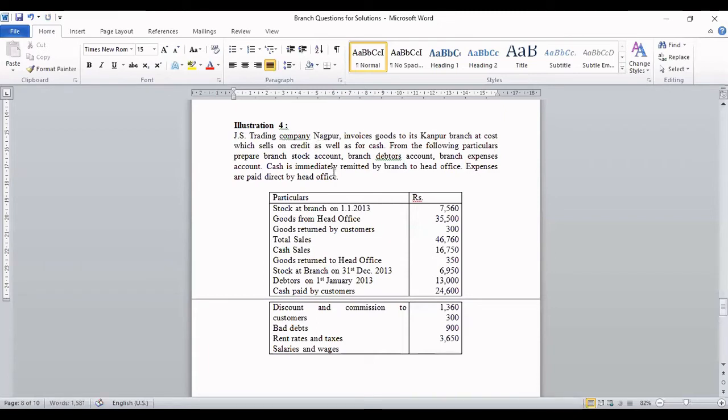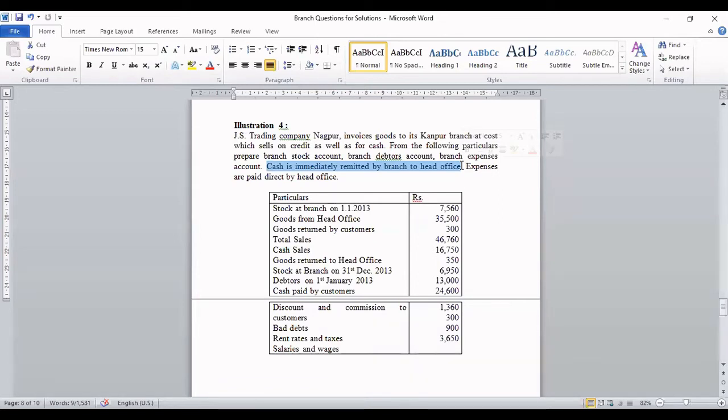as for cash. From the following particulars, prepare branch stock account, branch debtors account, branch expenses account. Cash is immediately remitted by branch to head office. Expenses are paid direct by head office. Just a minute, see here. Because of this line: cash is immediately remitted by branch to head office.